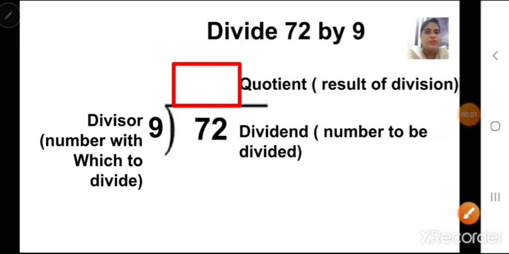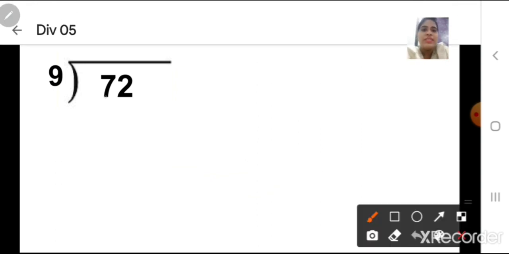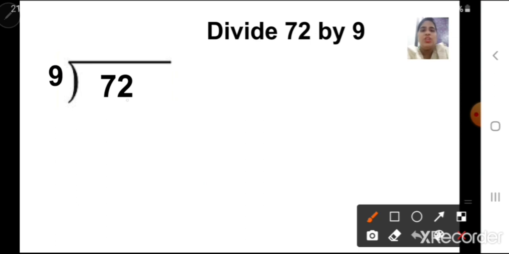Children, I told you that for the long division method we have to use multiplication tables. So let us understand how we are going to use multiplication tables. Before using the multiplication tables, here you can see there are two digits in 72, number 7 and number 2. First we will see number 7.